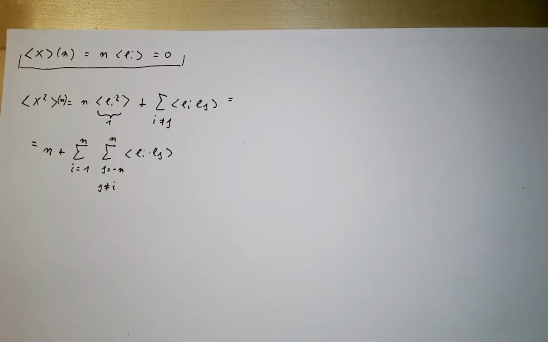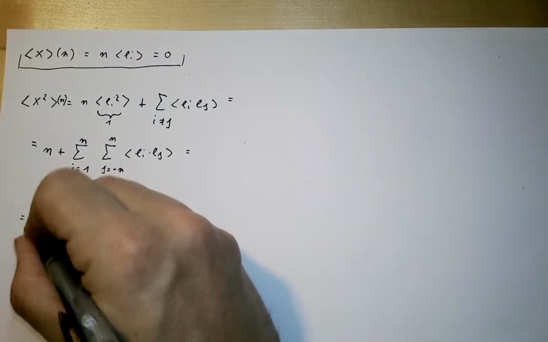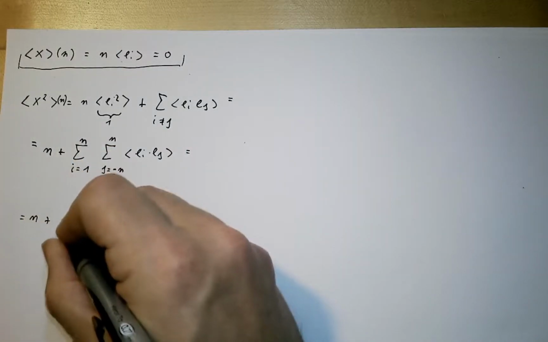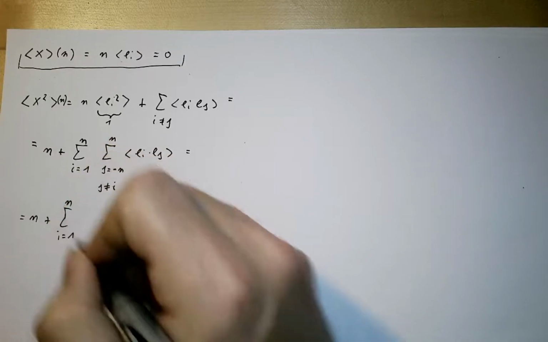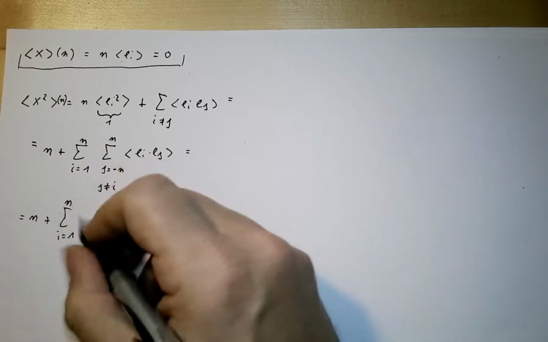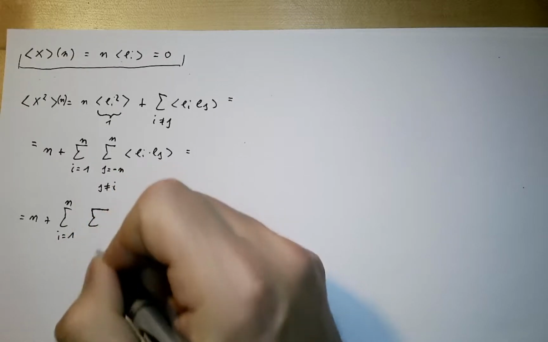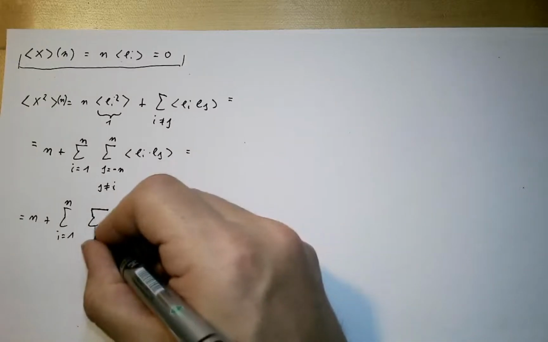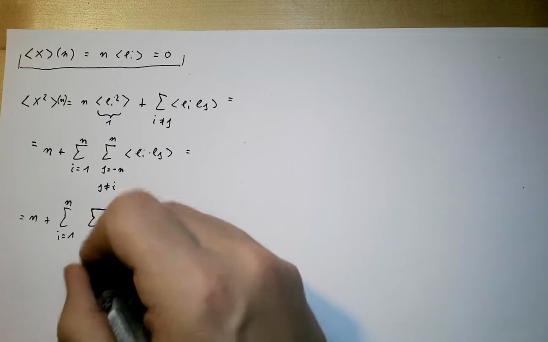And this means, so we write this equals n plus, so we have here the sum i equals 1 to n, and now we sum, and the sum, now we have the time difference.